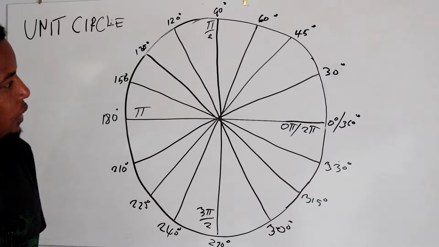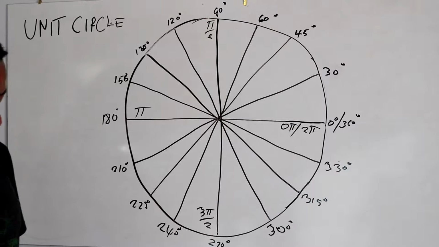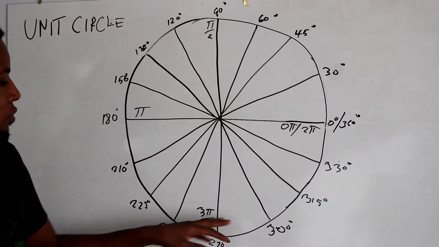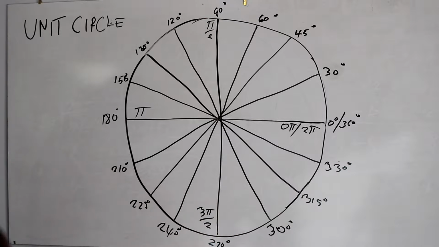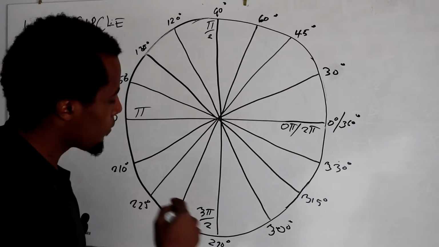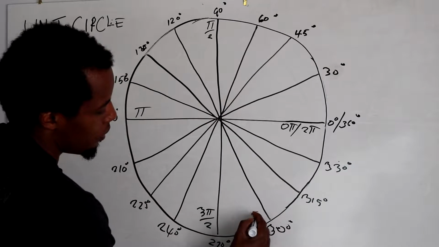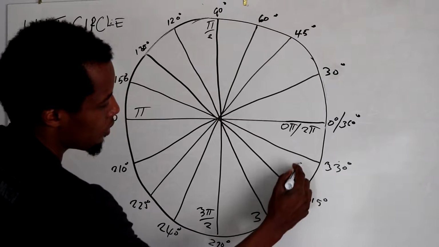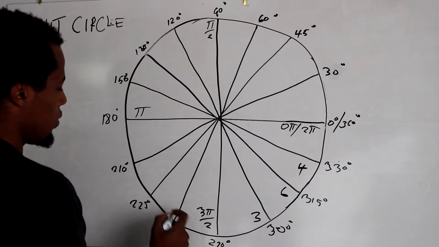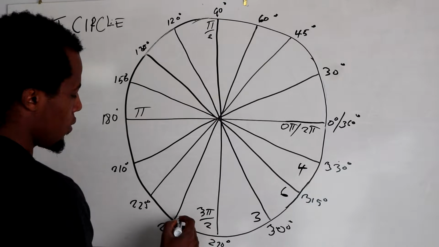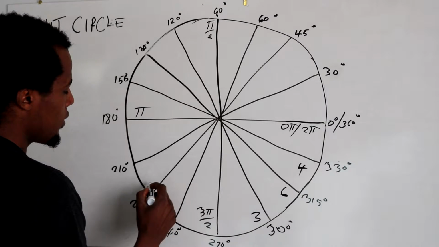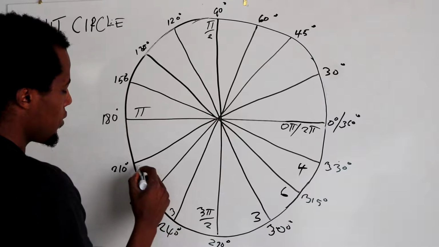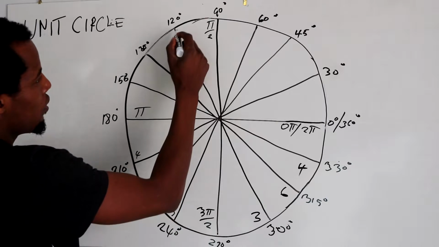What do we have for 30 degrees? The easiest way I always do to remember this one is 3, 6, 4.